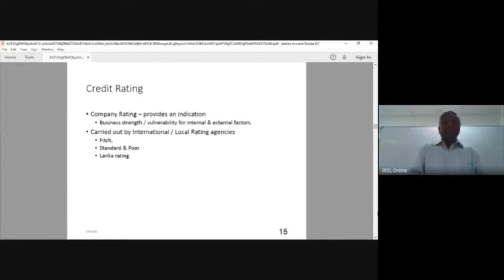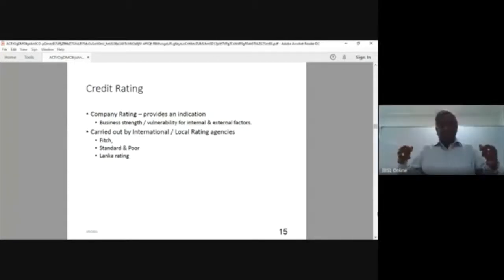Then the credit rating. A company rating provides an indication. Earlier also I have mentioned this. Certain companies, to show their credibility and their financial standing, have a credit rating done by external credit rating agencies and publish that in the papers to show the general public they are in good financial standing.